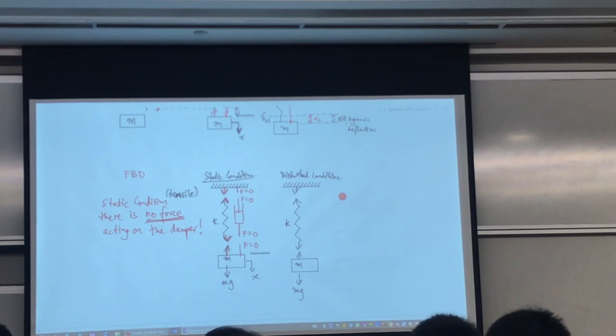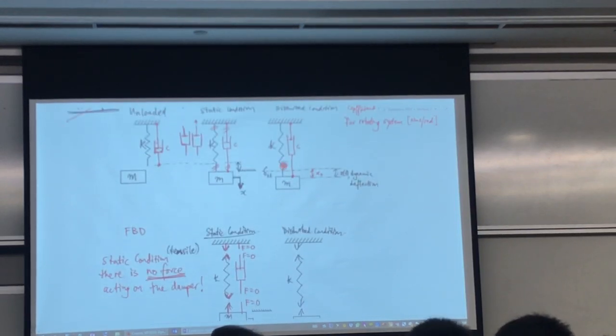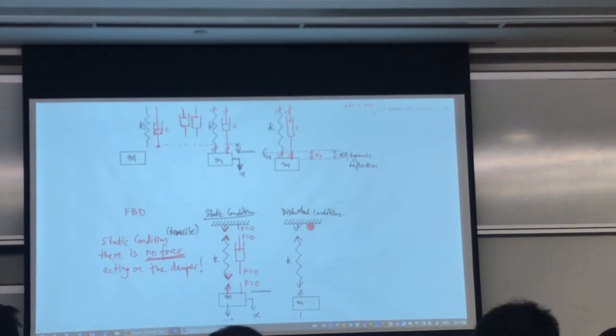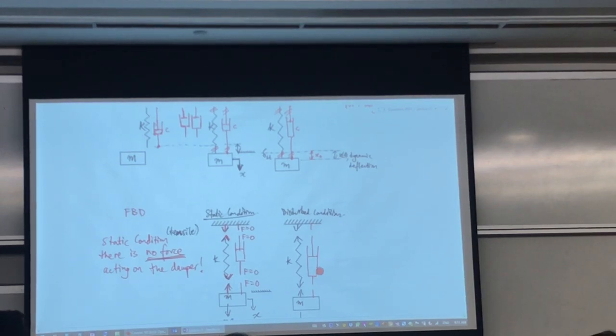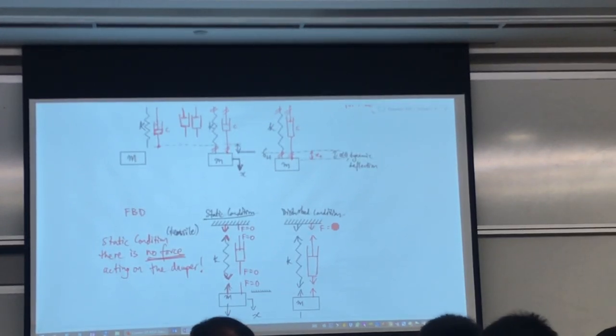So for the disturbed condition, this is what you're going to have. Because it's being disturbed, that means being moved. So if I were to break that link in order to find a free body diagram, then I'm going to get the respective forces due to the damping. In this case, the damper would be under tension as well. So equal and opposite force. And the force that's over there, the damping force, F, will be equal to C x dot. That's the damping force.